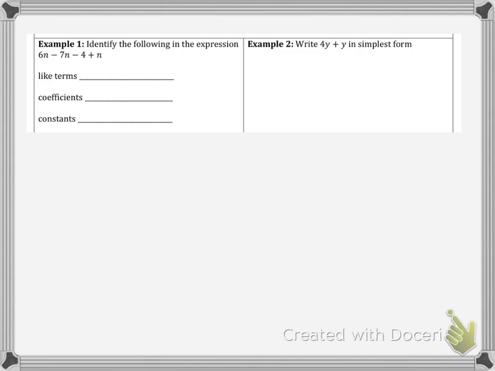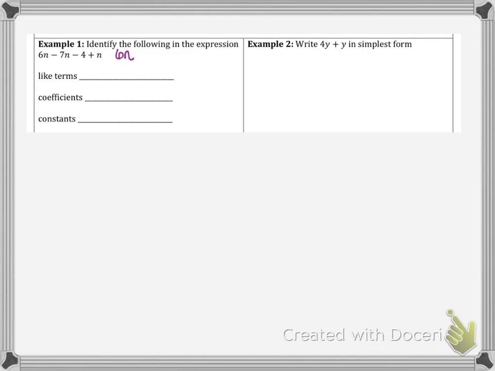Now looking at example 1, it says identify the following in the expression. And we've got the expression. The first thing that's jumping out at me is that there's some subtraction that we should be rewriting. So what I'm going to do is rewrite the subtraction to the side. Please make sure you do the same on your notes. So this 6n stays 6n. That does not change. But we have minus 7n.